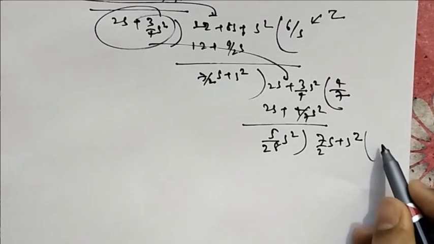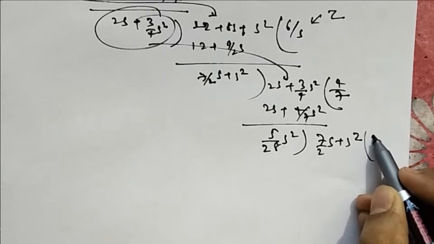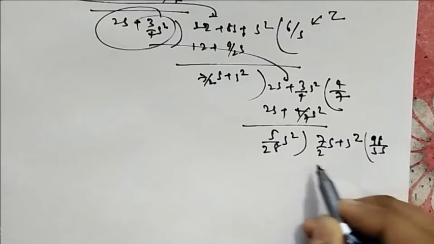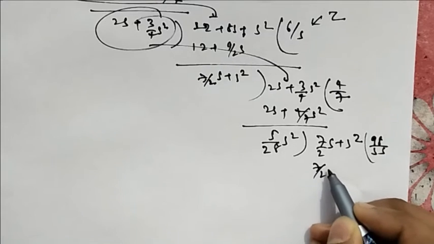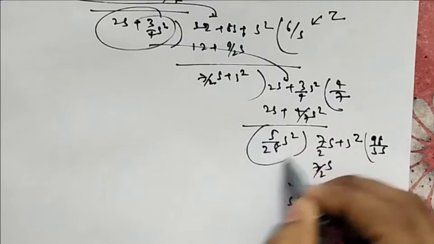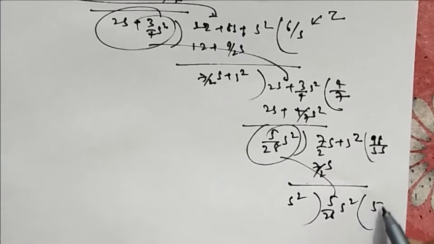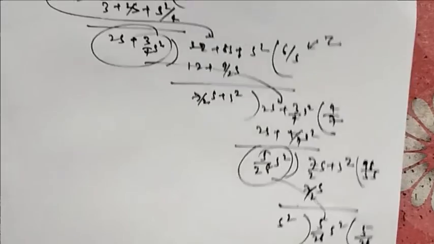Now if I divide 98 by 5s, then what we are going to get is 7/2s, and here s square, and this is going to come here, it will be 5/28 s square, and here we are going to get 5/28 s square, and we are going to get 0.